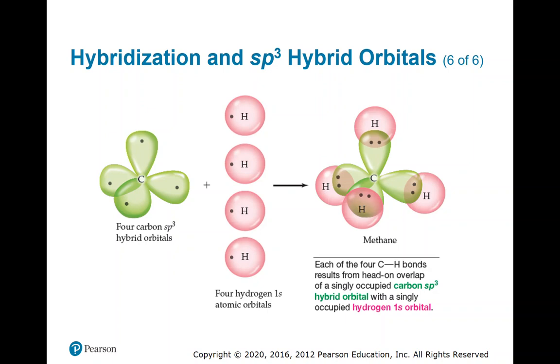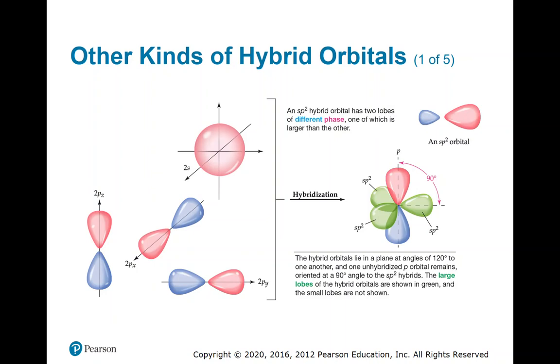Now, it turns out that you don't just have to have sp3 hybrid orbitals. In fact, we can form hybrid orbitals between, say, an s orbital and only 2 of the 3 p orbitals. This is a situation that happens in many molecules.